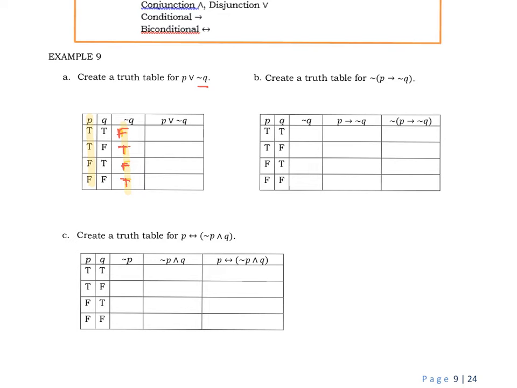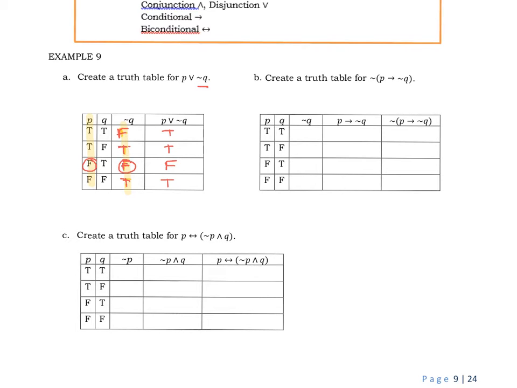So the only way that it is false is if our P and our not Q, sorry, are both false. So here we have a false, false. So those are both false, so that makes this false. That means everything else will be true. So true, false is true. True, true is true. False, true is true.